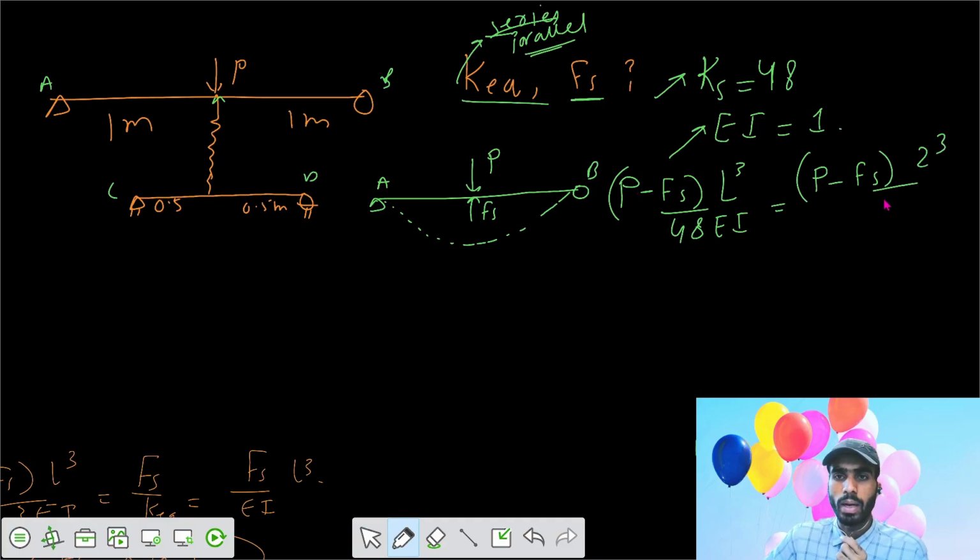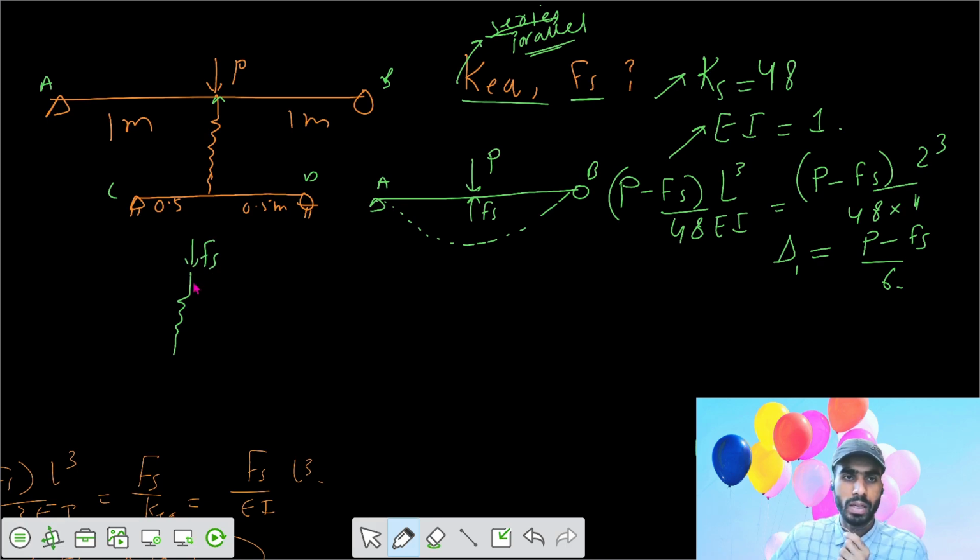We can write 2 cube by 48, and the value of EI we can write as 1. So finally we get (P minus Fs) divided by 6. So delta 1.